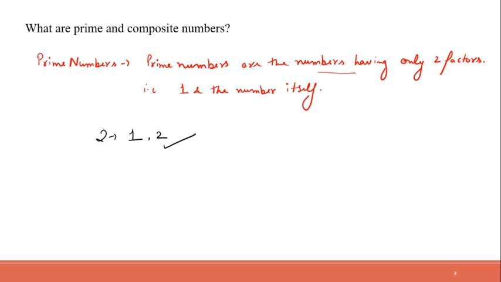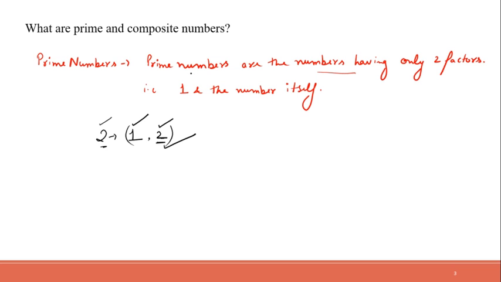Because a factor cannot be greater than the number itself, so we have only two factors, because here we have reached 2, the number itself. So in this case we are having one factor 1 and the other is 2. That means this 2 is the number itself. So will it be a prime number?